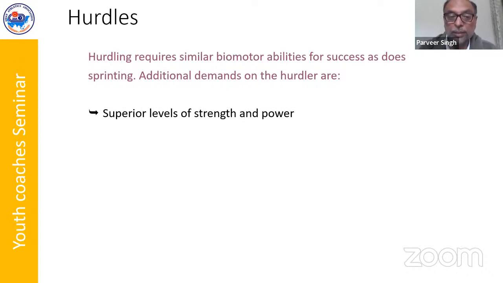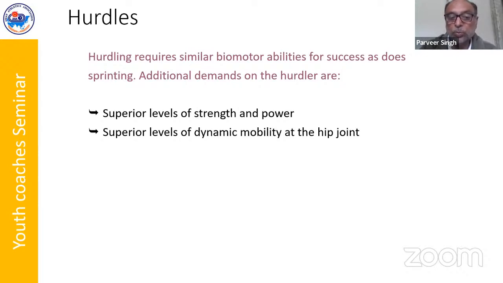They need a superior level of strength and power than sprinters, and a superior level of dynamic mobility at the hip joint. In the previous session, when I just joined, one of the participants, Mr. Veera, asked about speed strength or explosive strength for a long distance runner.